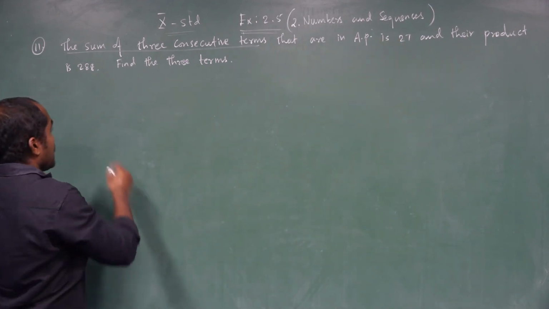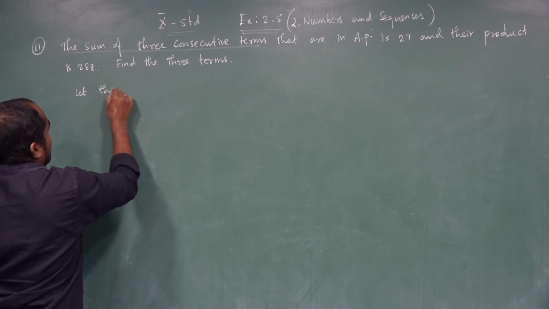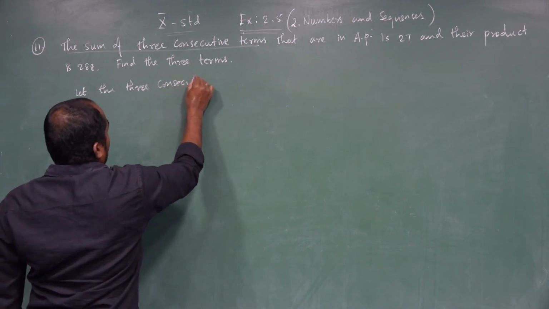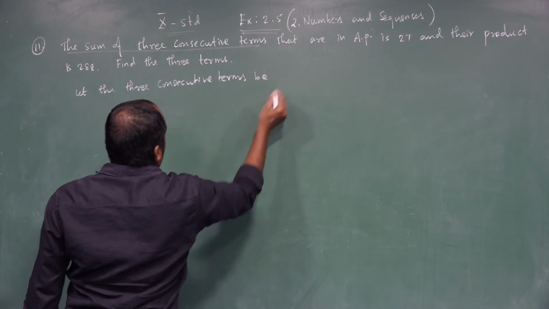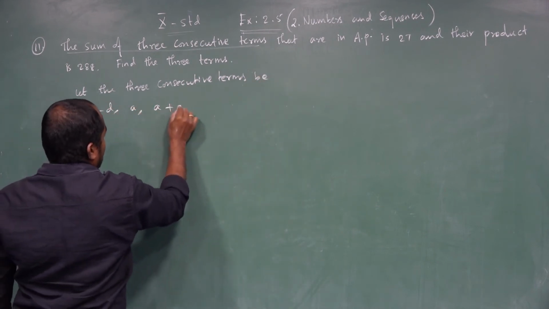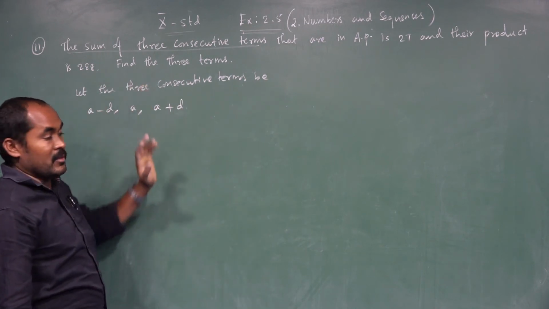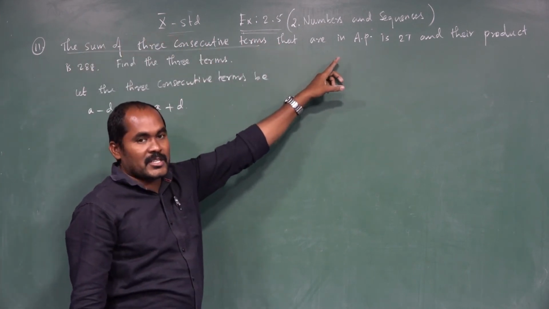Let the three consecutive terms be A minus D, A, A plus D. So these are three consecutive terms in AP. Their sum is 27. That is our first condition.